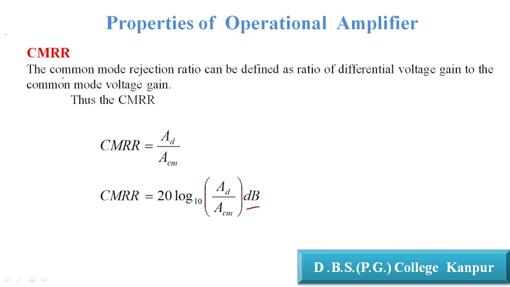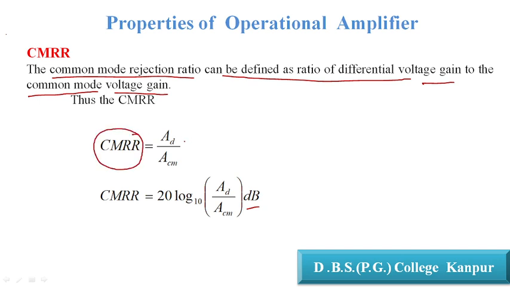So here, the common mode rejection ratio can be defined as the ratio of differential voltage gain to the common mode voltage gain. So CMRR means the common mode rejection ratio, AD is the differential mode gain to ACM the common mode gain.